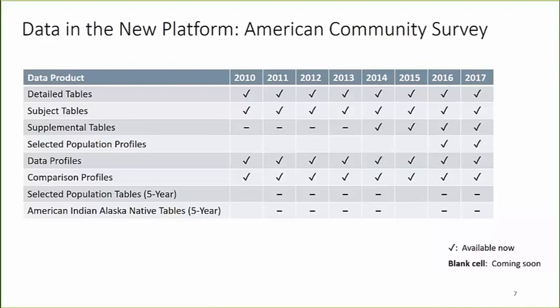The blanks mean the data has not yet been migrated, and the dash means that the product was not produced that year. But please note that this reflects only what's in data.census.gov. The API will eventually have all the data from AFF, but data providers have chosen to release data from 2010 and later on data.census.gov. So all data prior to 2010 will be available in the API.